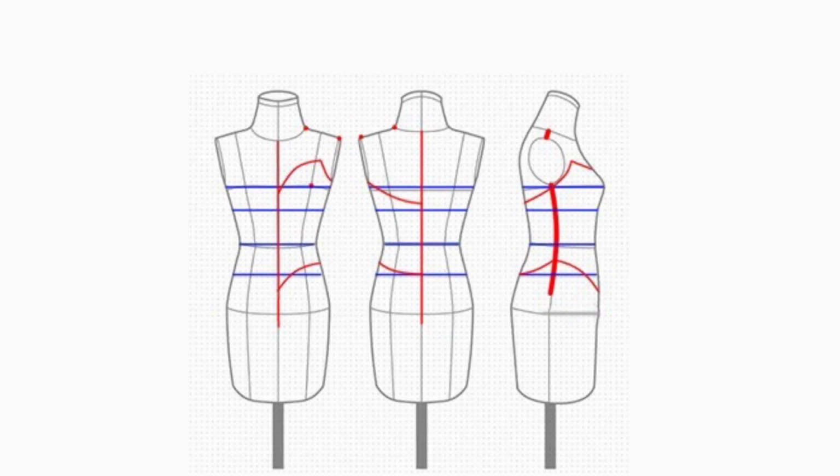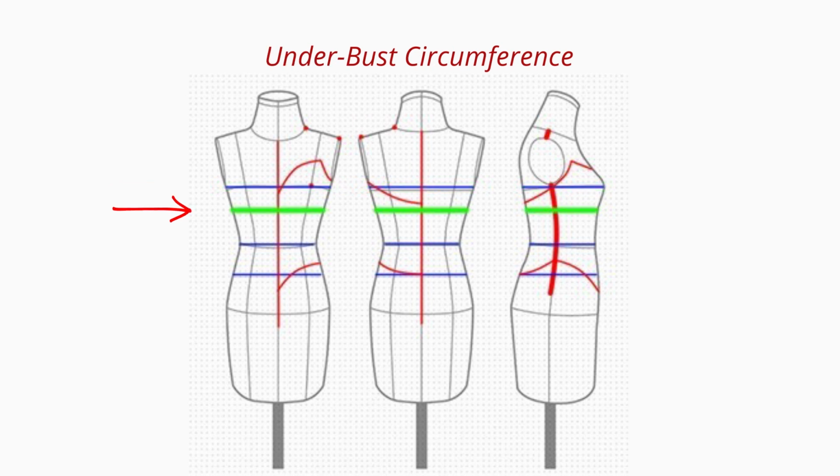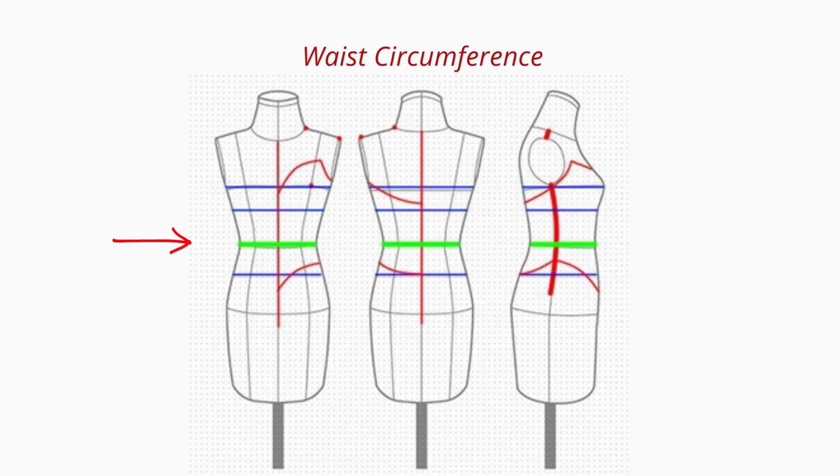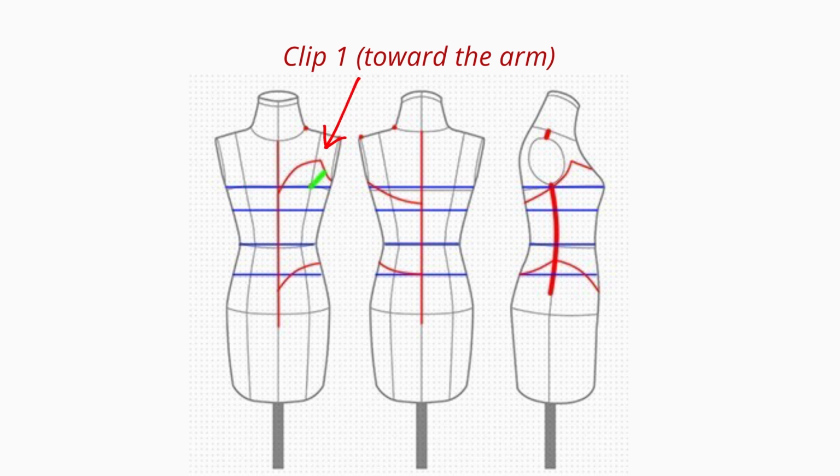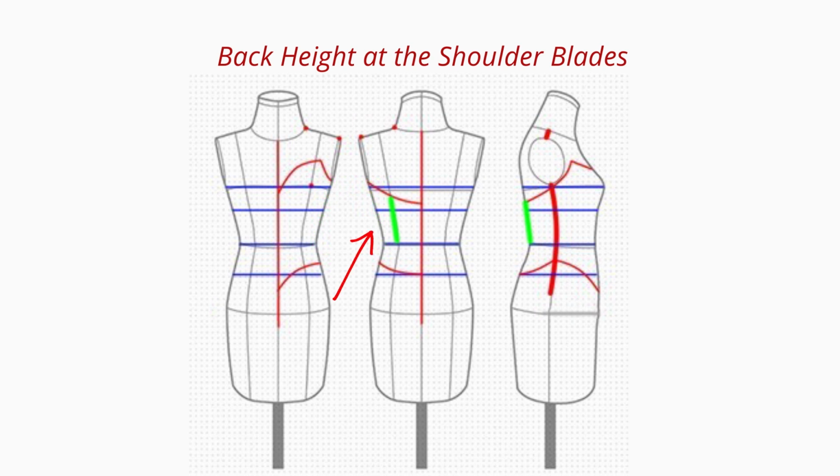Take the following measurements: bust front, under bust front, bust circumference, under bust circumference, waist circumference, stomach circumference, hips circumference, bust middle, clip 1 toward the arm, clip 2 up, clip 3 toward the center, side height, back height at the shoulder blades.